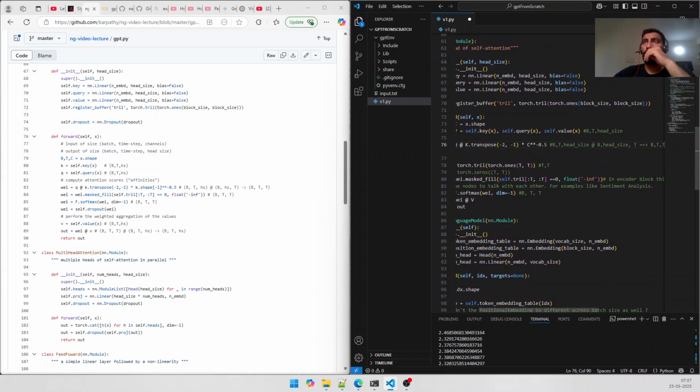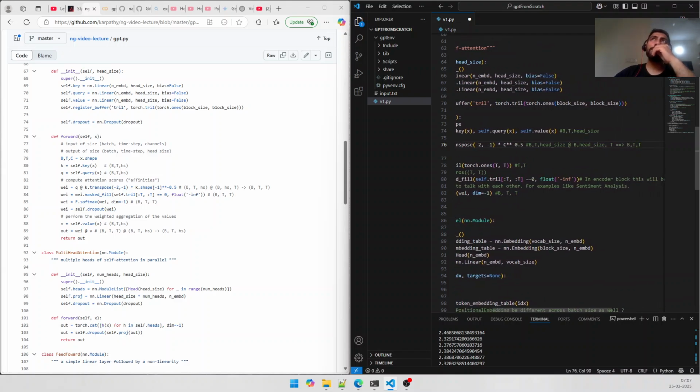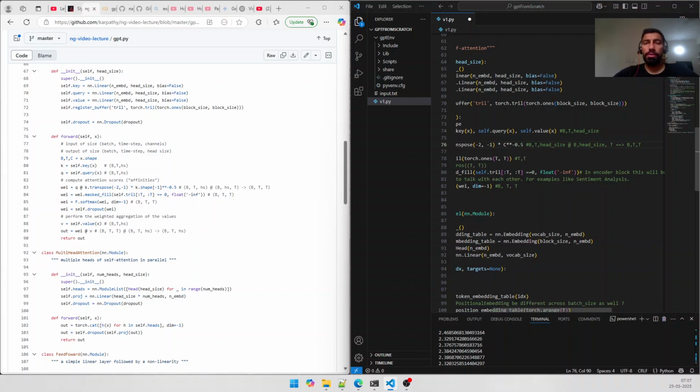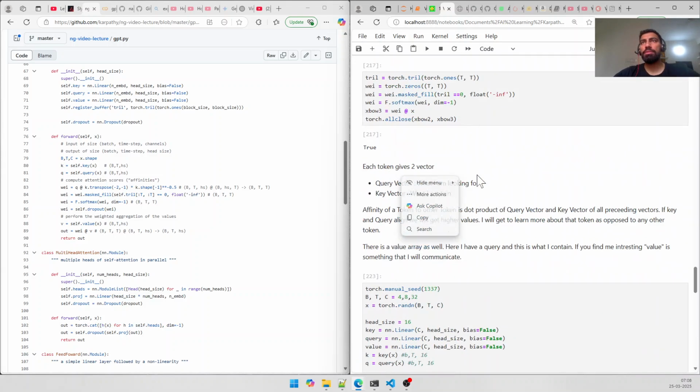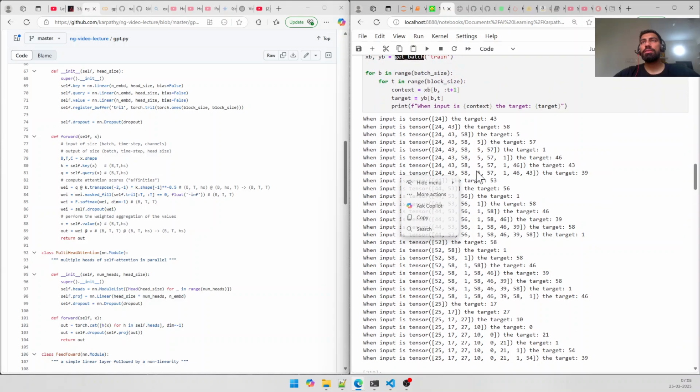So for each block size, token one, as in the example we were taking, 24 has no context, so it will have its own value. Then 43 in correlation with 24, 58 with 43 and 24, 5 with 58, 43, 24. That's what is happening there.